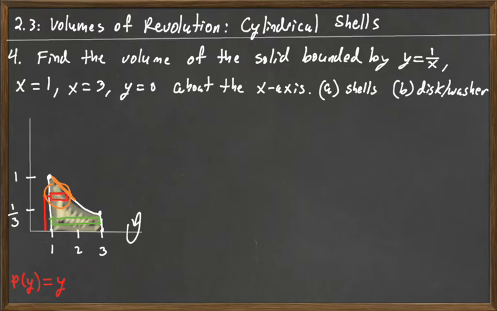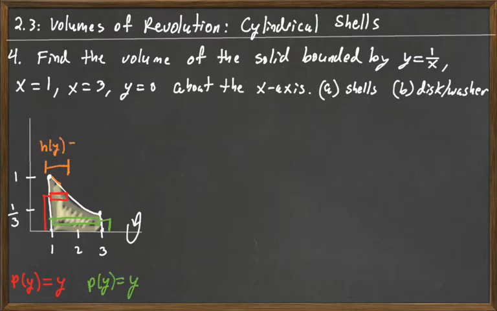When we get down to the green box, the upper function is now determined by x equals 3. Because we have a change in the upper function, that's going to require two integrals. Now the distance from the green representative rectangle to the axis of revolution is also simply y. It's the upper functions that are different.